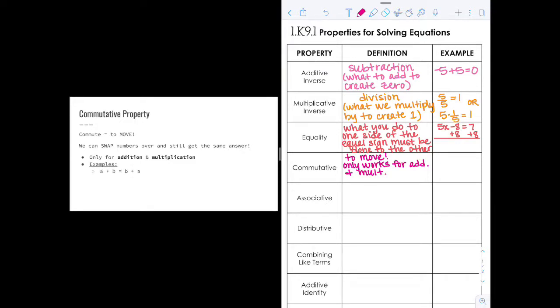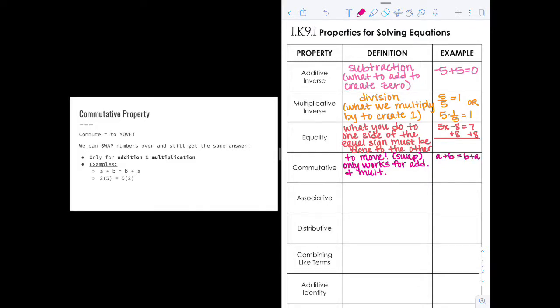So an example, I've got a few here. Okay, so if I have one number, my addition example, A plus B, this is the same thing. I can swap those around, right? So to swap or move, that is the same thing as B plus A, okay?